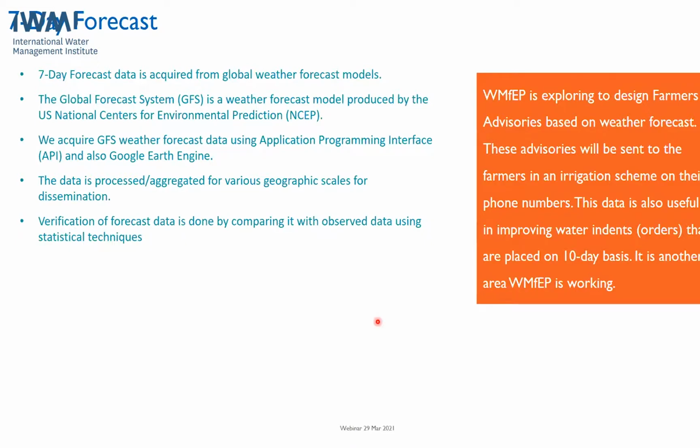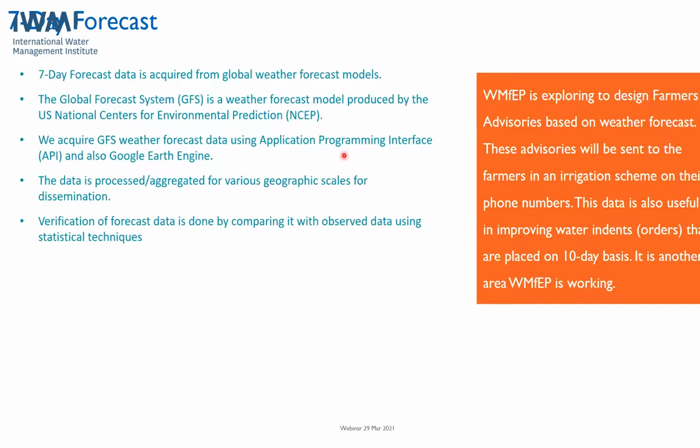We collect this weather forecast data from the global forecast systems. These are the supercomputers which are placed in the USA and some other countries, which are able to collect data from satellites and then process this to forecast the weather for the entire globe. And we collect data from this GFS model, and what technologies we use to acquire the data?